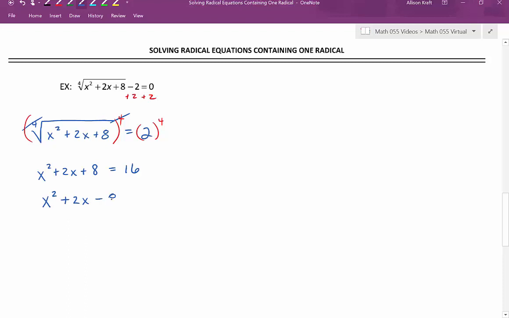Factor, and then set each one of our factors equal to 0. This factors nicely into x plus 4 times x minus 2. We're going to set each one of our factors equal to 0 and solve.